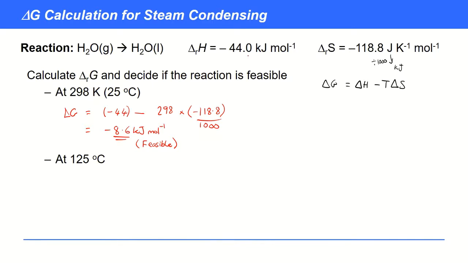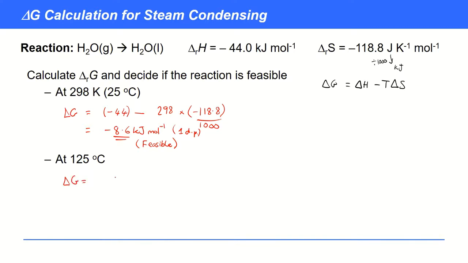But this is 1 decimal place, which is my lowest number of decimal places, and so that's what I need in my final answer. In this case, because we're adding and subtracting, we conserve the number of decimal places rather than significant figures. So minus 8.6 kilojoules per mole. Now, does that make sense? At 298 K, room temperature, would we expect steam to condense? Absolutely we would.